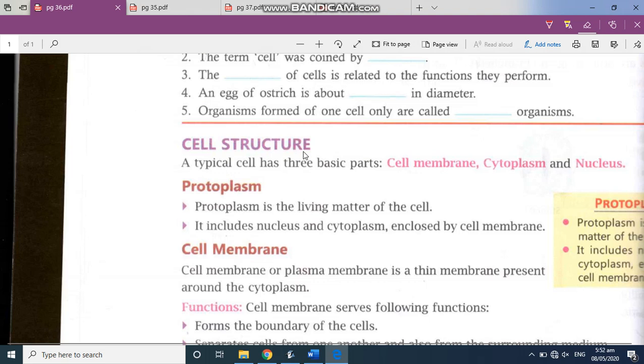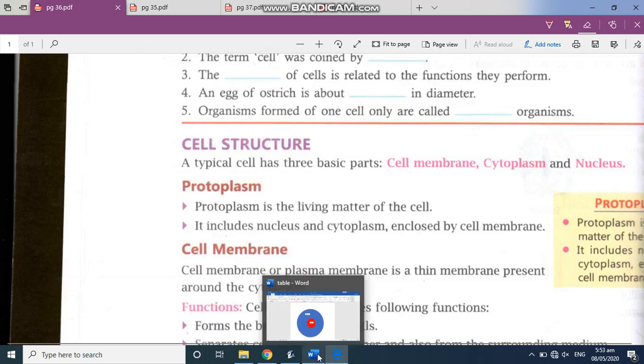Then we come to a typical cell. Now a typical cell has 3 basic parts: cell membrane, cytoplasm and nucleus. Now there's a word protoplasm. Protoplasm is the entire living matter in the cell. It will include both nucleus and cytoplasm, enclosed by the cell membrane.